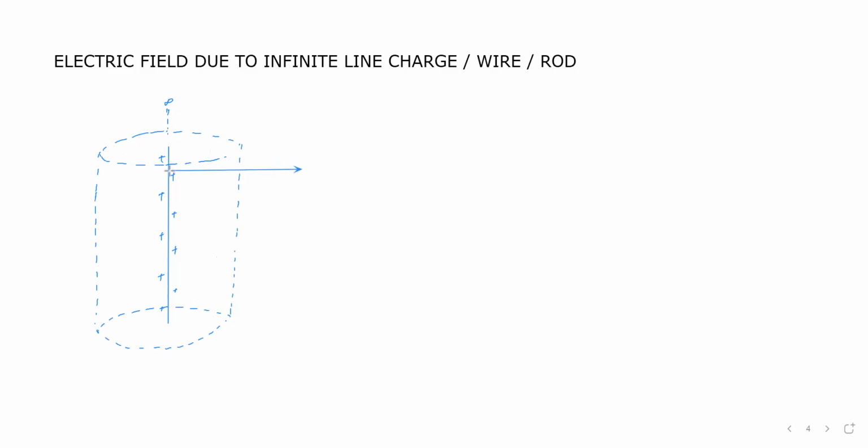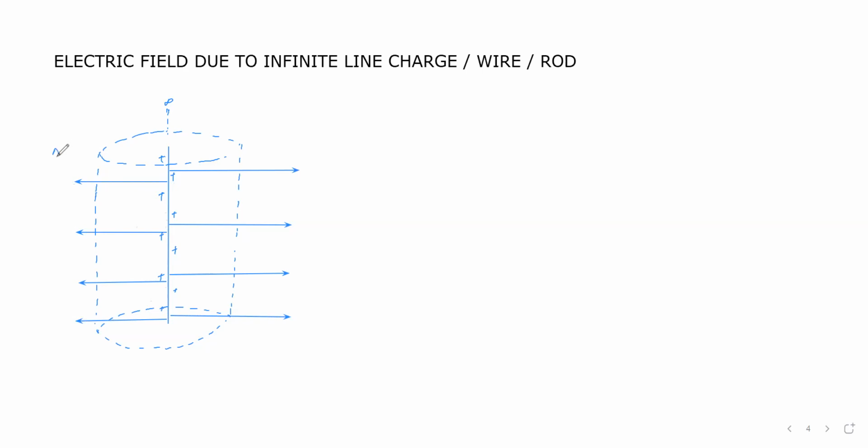This will be the direction, because your line charge is positive in nature, and if it is positive, then we know the electric field lines will go outward. Are you clear? These will be the electric field lines.